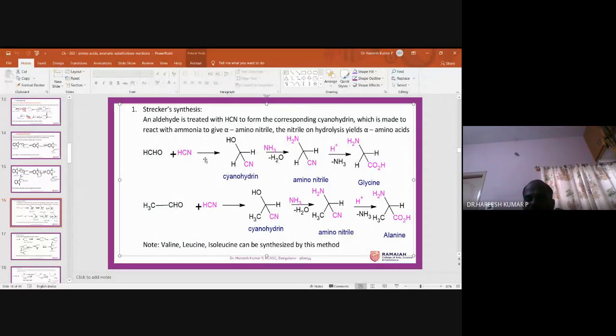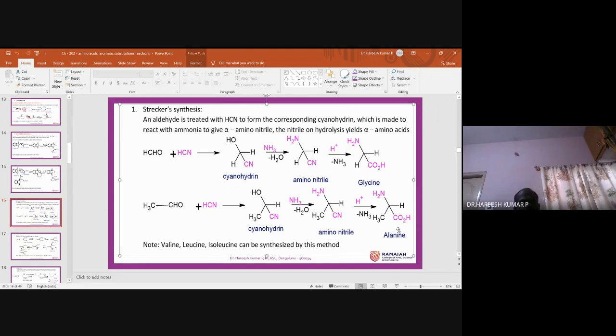Here I am taking an example. If you are taking formaldehyde and hydrogen cyanide, you will end up with glycine. If you are taking acetaldehyde and hydrogen cyanide, you will end up with alanine. By this method, it is possible to synthesize valine, leucine, and isoleucine.